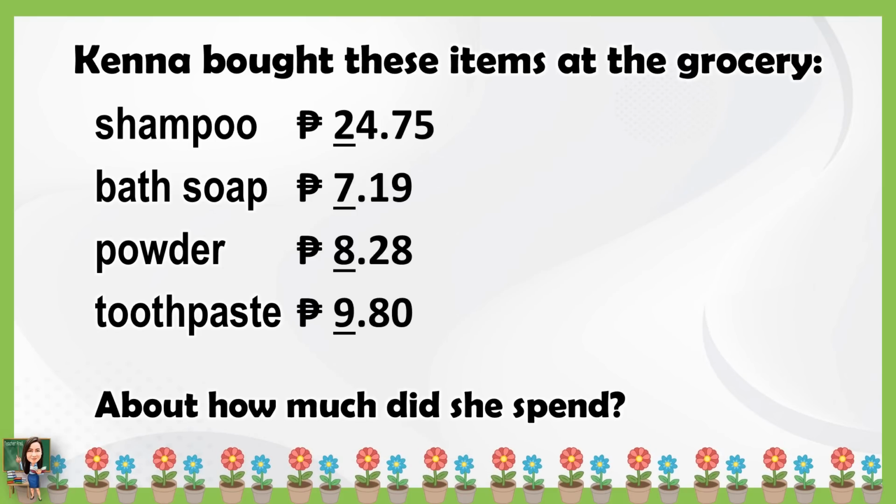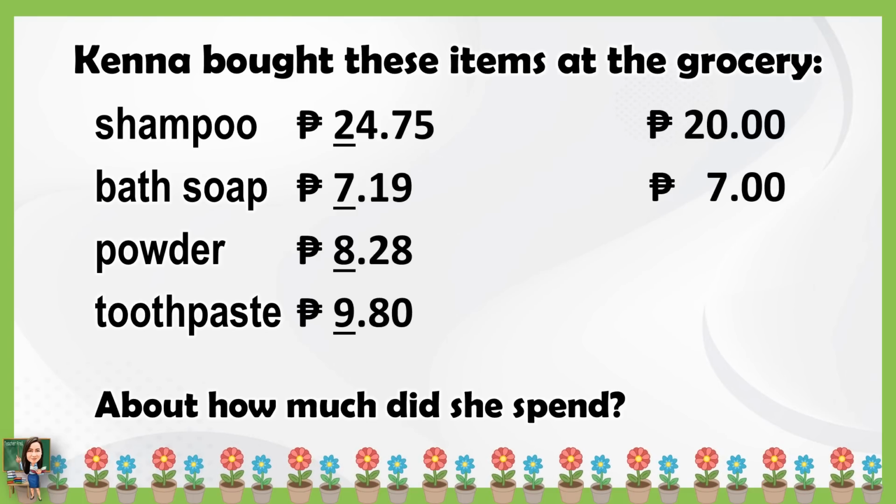The estimation of the price of the shampoo is 20 pesos. Next, bath soap. The price is 7 pesos and 19 centavos. The rounding place is 7, and the digit to its right is 1. 1 is less than 5, so we don't need to change the rounding place. The estimation of 7 pesos and 19 centavos is 7 pesos.